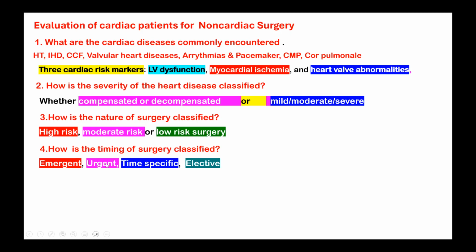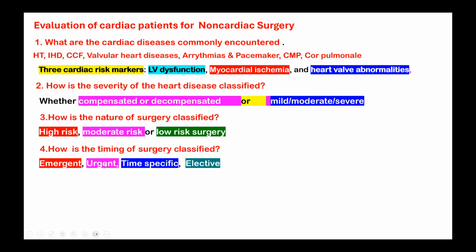Urgent means you have some time to prepare the patient, but it also has to be done as quickly as possible. Unlike emergent, which has to be done immediately, here you have a few hours to prepare the patient and try to optimize as quickly as possible.